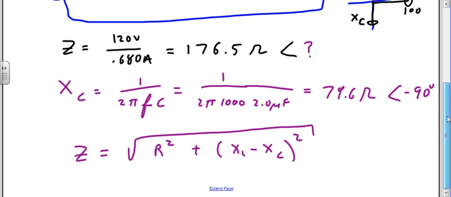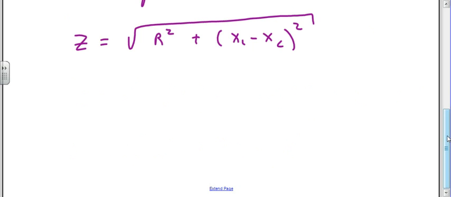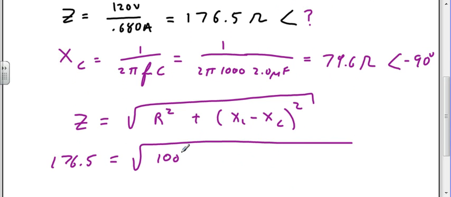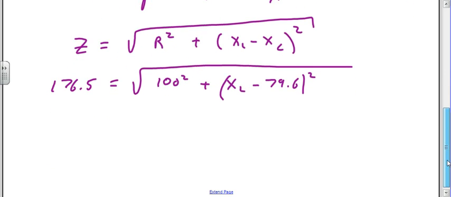So I know the impedance, 176.5. I know R, 100 squared. I don't know X of L, but I do know X of C, 79.6 squared.